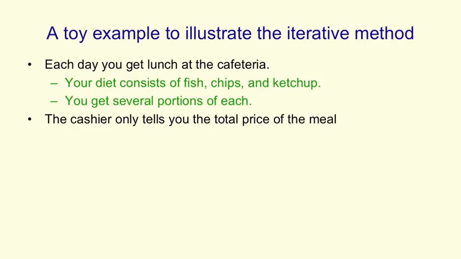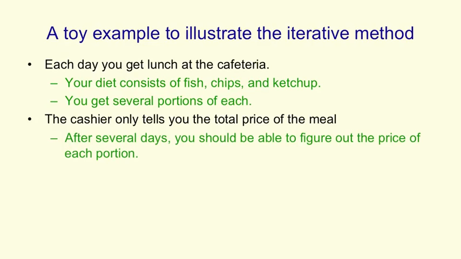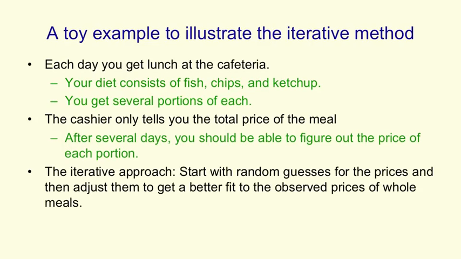The cashier only tells you the total price of the meal, but after a few days you ought to be able to figure out what the price is for each portion of each kind of thing. In the iterative approach, you start with random guesses for the prices of portions, and then you adjust these guesses so that you get a better fit to the prices that the cashier tells you. Those are the observed prices of whole meals.